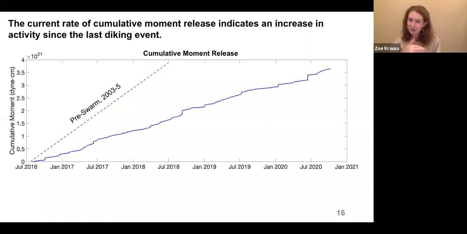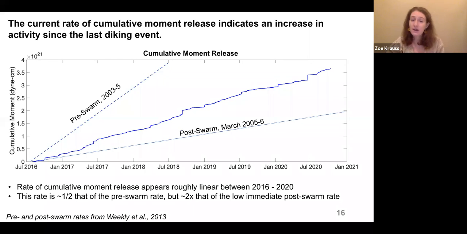But after that last swarm, the seismicity rate dropped significantly after that strain was relieved. And in 2005, right after that last swarm, the moment release rate was about half what we're seeing today. So we definitely do see an increase in background seismicity since then, but we aren't quite up to what it was right before the last event.